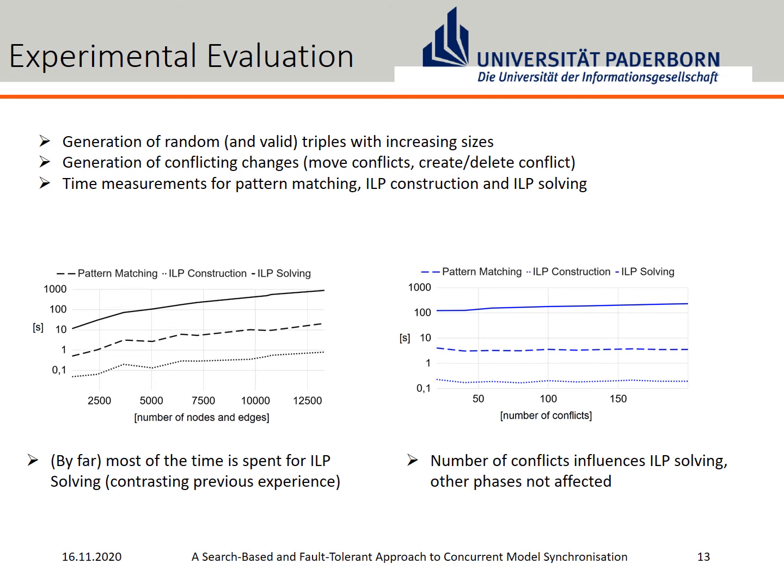Time measurements were taken separately for pattern matching, ILP construction, and the ILP solving step. In the diagram to the left, one can see that the runtime substantially increases with the number of nodes and edges. Thereby, the ILP solving step was by far the most time-consuming step, compared to pattern matching and ILP construction.